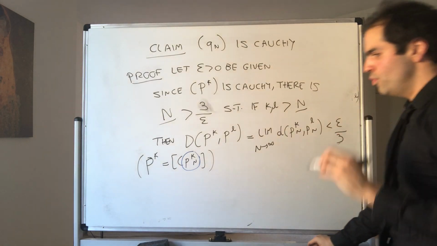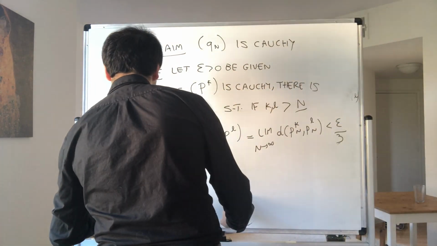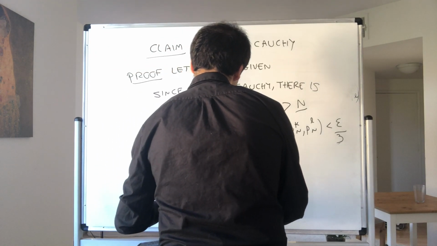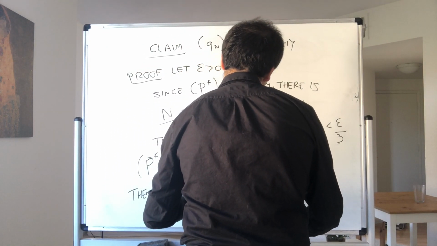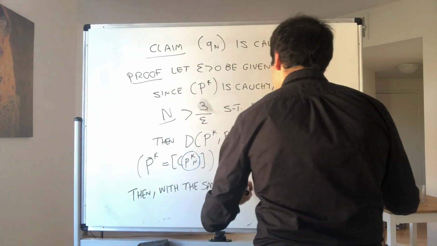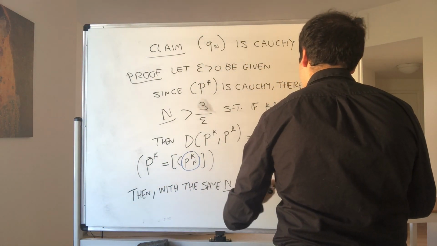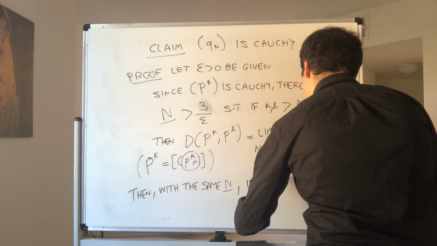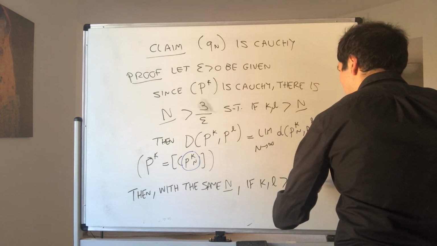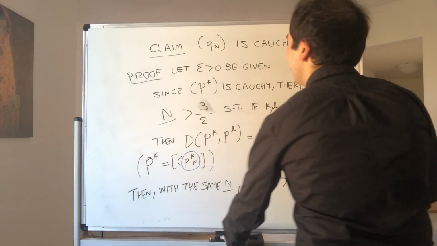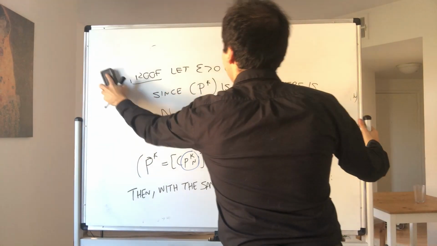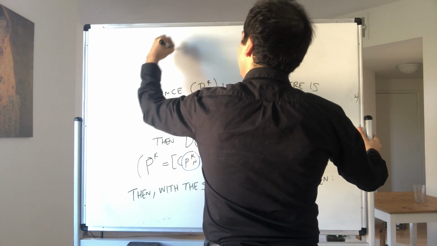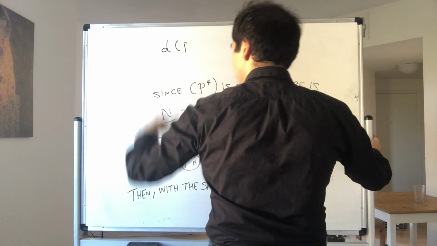Then, the point is, with that same N, if k and l are bigger than a threshold, then we have something beautiful and miraculous. Well, let's consider the difference between Q_k and Q_l.